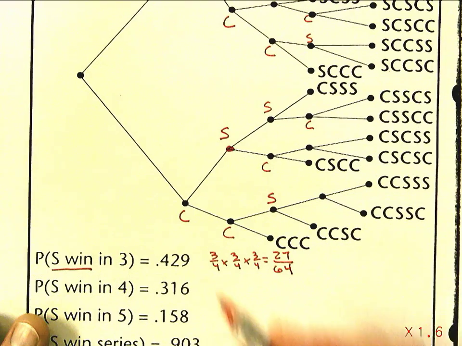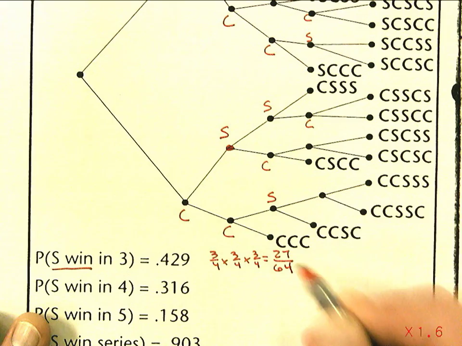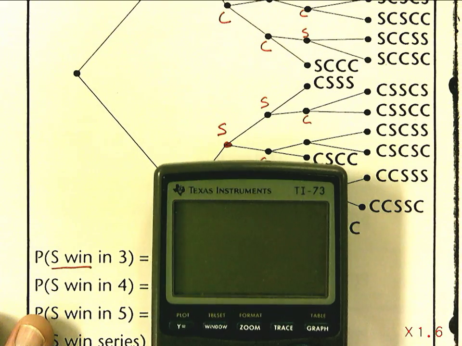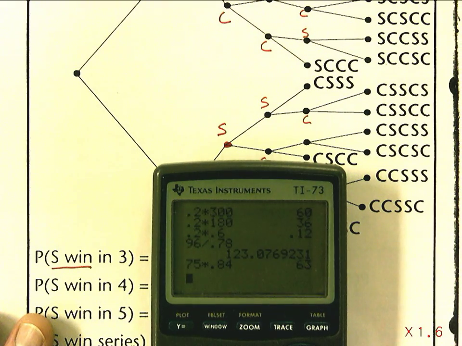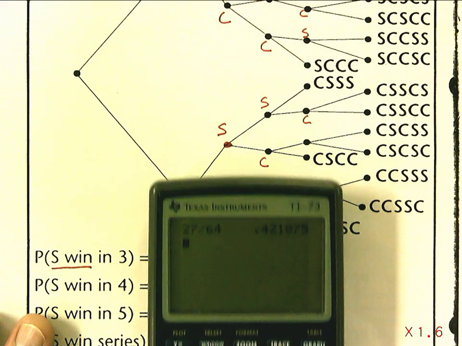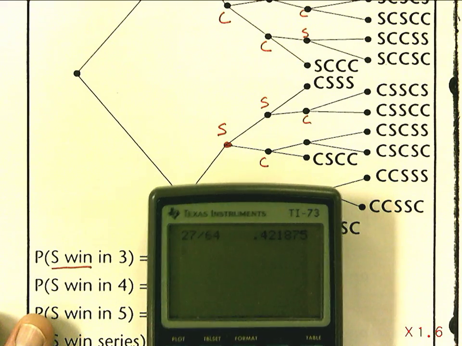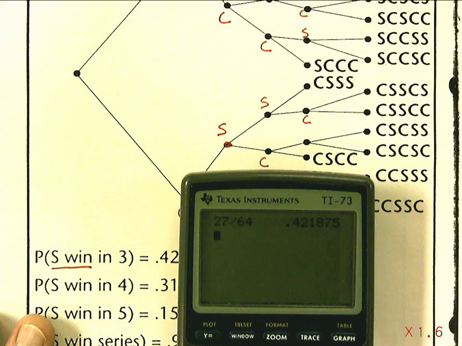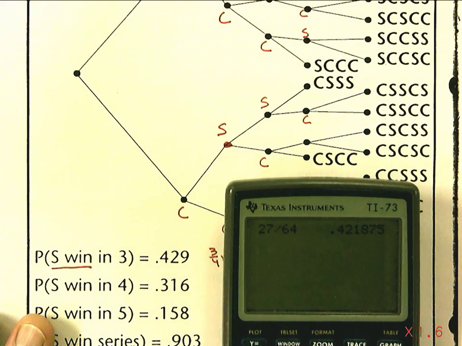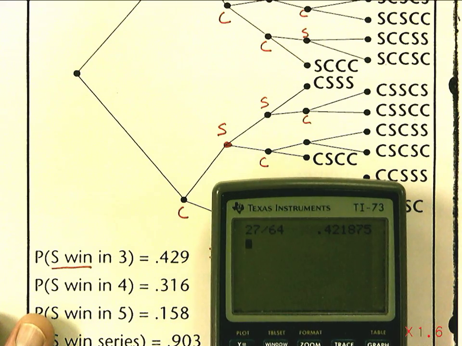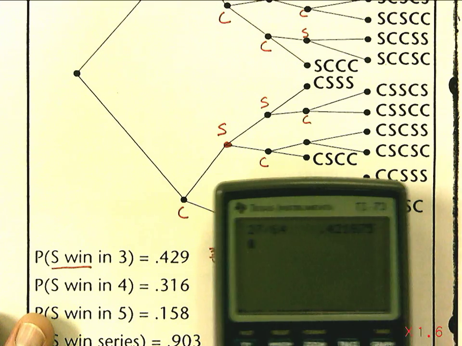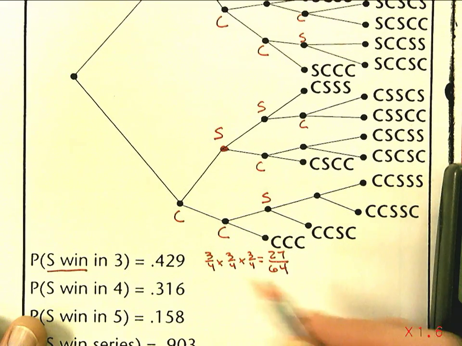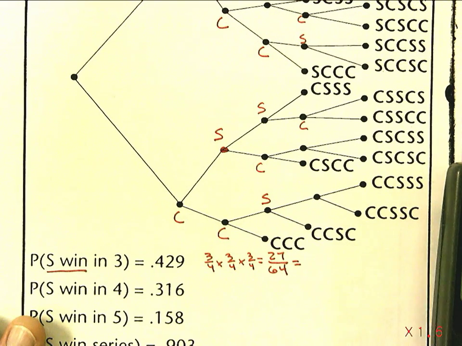If you just take your calculator and go 27 divided by 64, you get 0.42, and in this case I think their answer is a little off, so we would want to round that off to 0.422, not 0.429. I think they were looking at the digit past it.